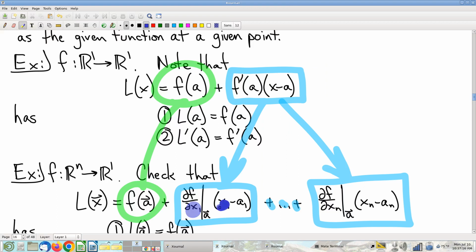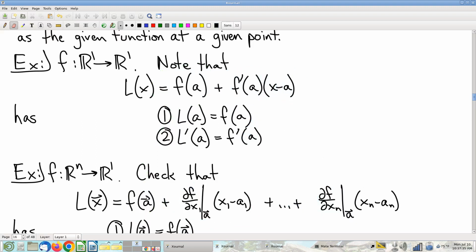You might call this the x1 term, et cetera, and then lastly, this is the xn term. A bunch of different terms, but each one individually looks a lot like that. So not a huge shock that this might be how the formula works out.